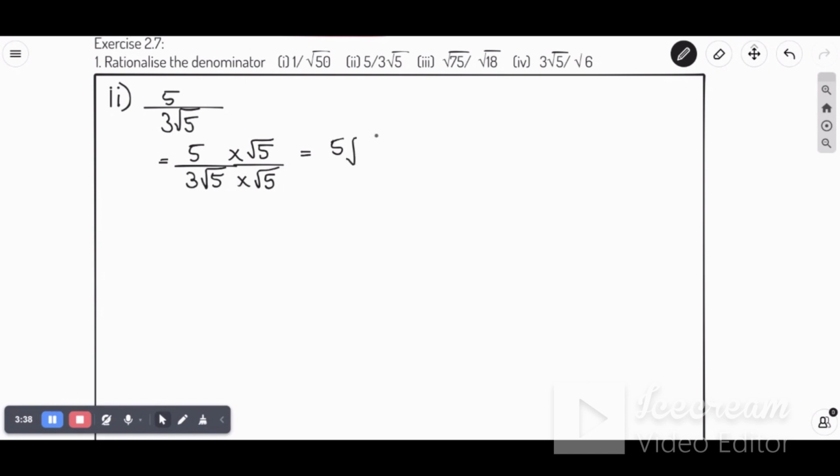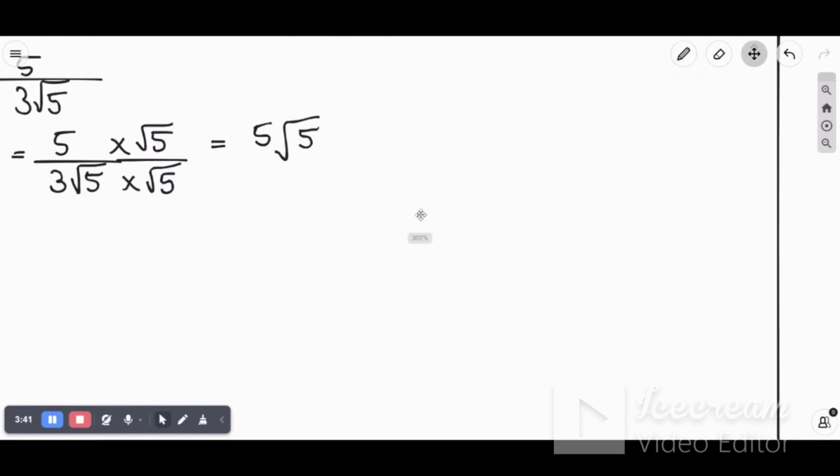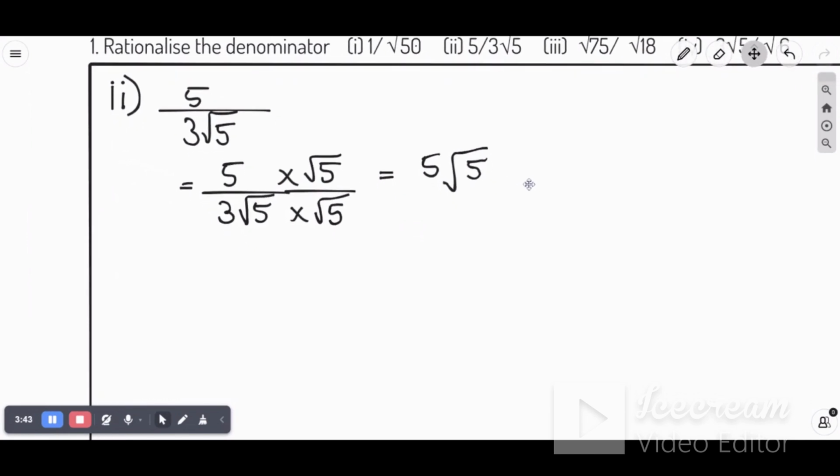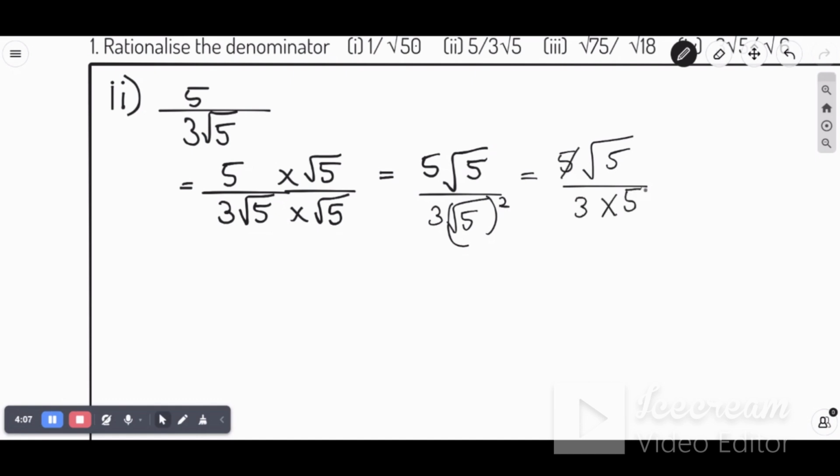This will be 5 root 5 divided by 3 times root 5 into root 5, which is root 5 the whole square. As we know, root 5 the whole square is 5, so it is 5 root 5 divided by 3 into 5. Now you can cancel these two and your answer will be root 5 by 3.